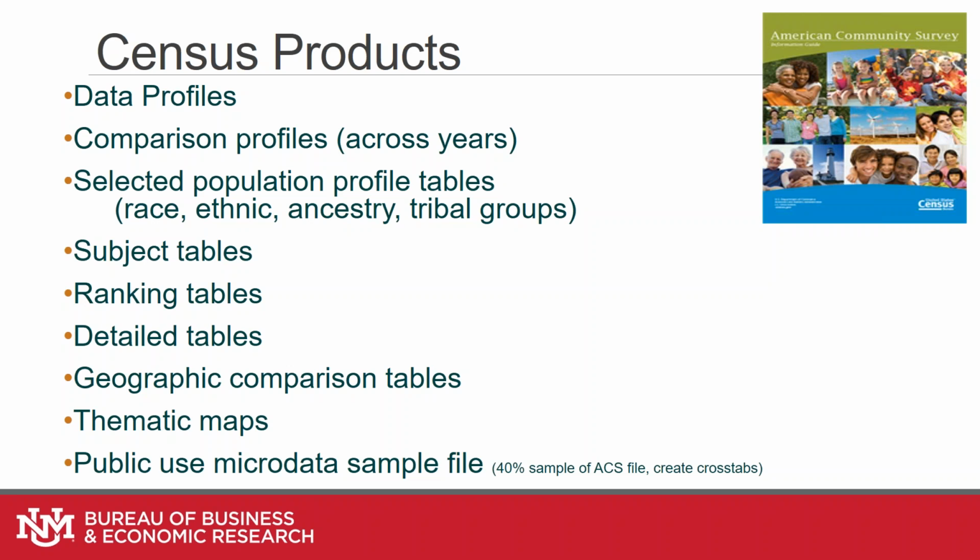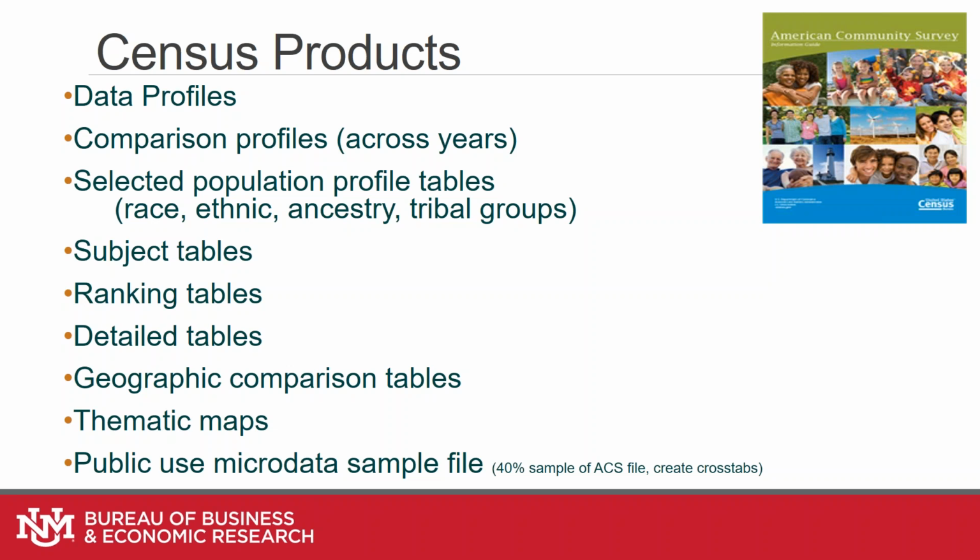Comparison profiles, usually the table ID starts with a C, and they actually will take a single variable, such as household median income, but you can look at it for your geography across the years. And so the comparison profiles are really helpful if you're trying to do a time series. There are some selected population profiles that specifically use race, ethnicity, ancestry, and tribal groups and show a lot of data for those variables.